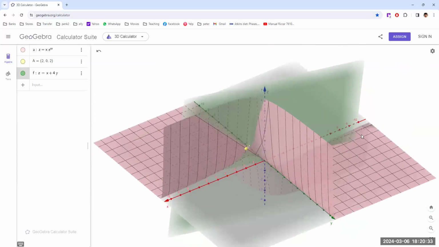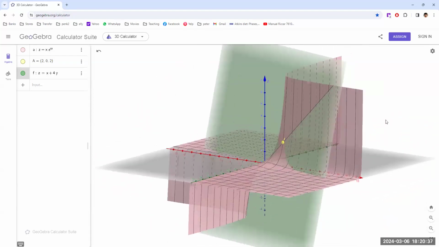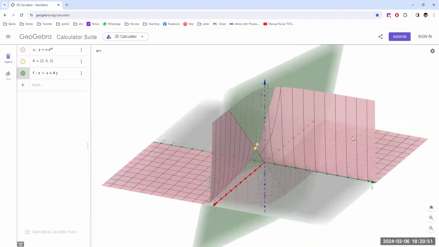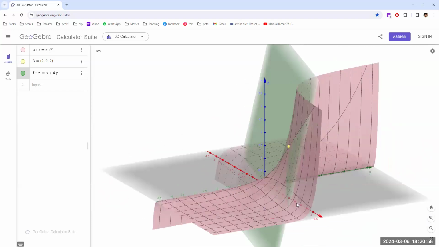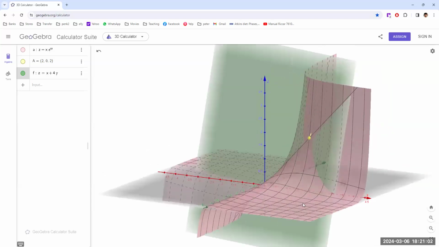Okay, so you see at that coordinate A, the pink one is the surface, z equals x e to the xy, and the coordinate A is (2, 0, 2). And then that plane, which is the green one, is tangent right at that point. Which way is the better point of view?